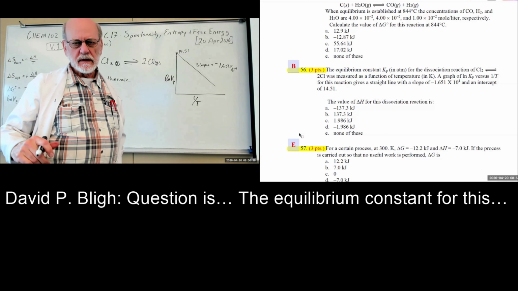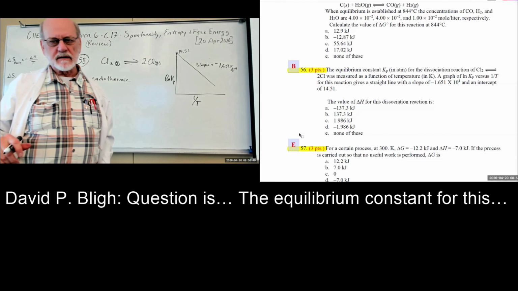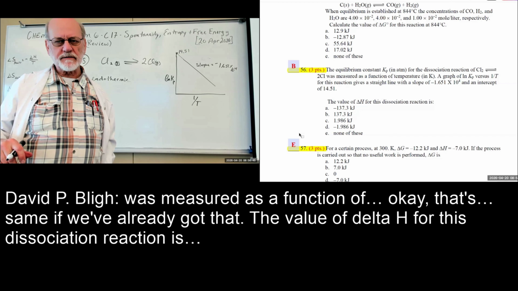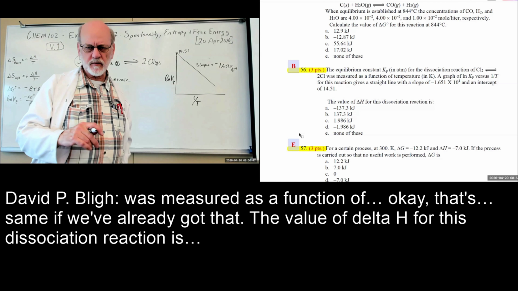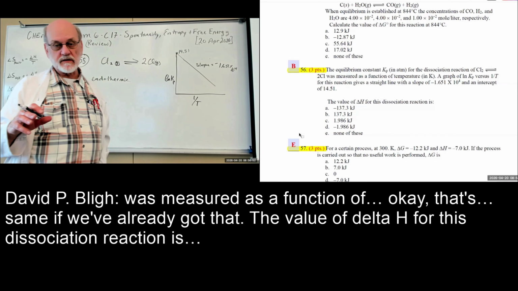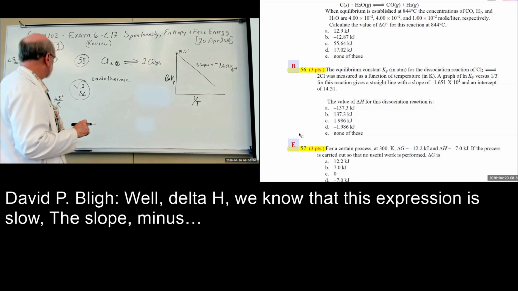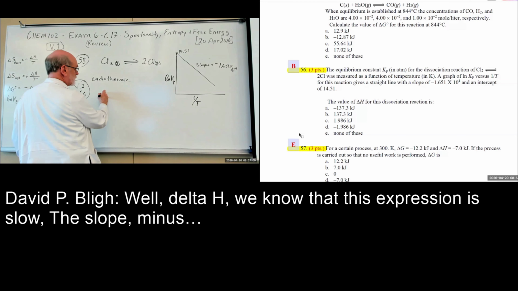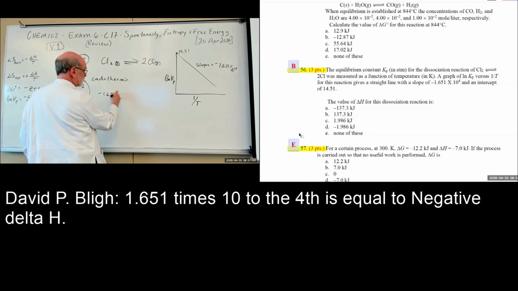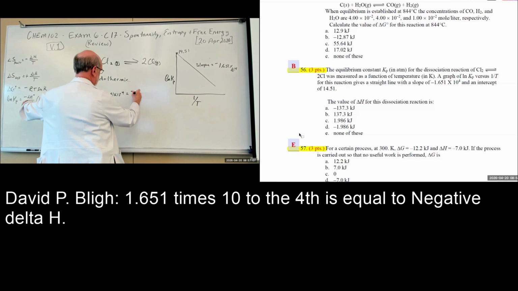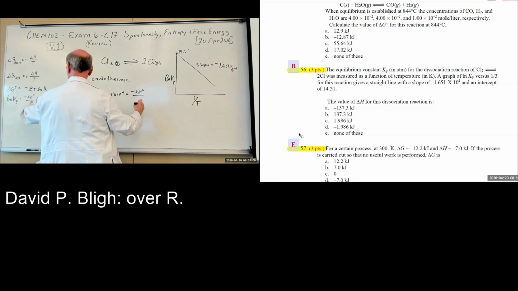The question is, the equilibrium constant for this was measured as a function of temperature, same as before. The value of delta H for this dissociation reaction is, well, we know the slope, minus 1.651 times 10 to the fourth, is equal to negative delta H over R.